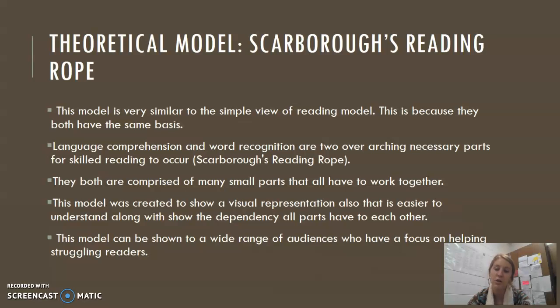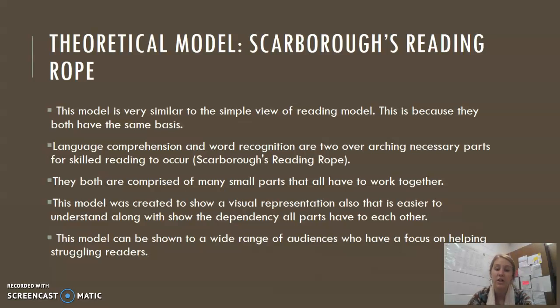The next theoretical model is Scarborough's reading rope. This model is very similar to the simple view of reading because they both have the same basis. This is mainly a visual that shows you how they all intertwine and work together, and all are necessary, because sometimes you overlook a certain skill thinking one is more important than the other, when really they're all important and all needed.